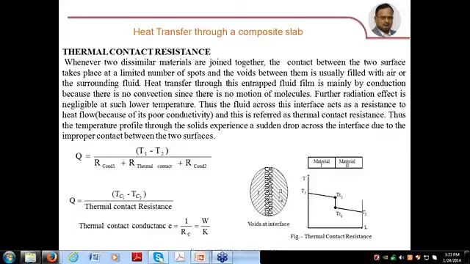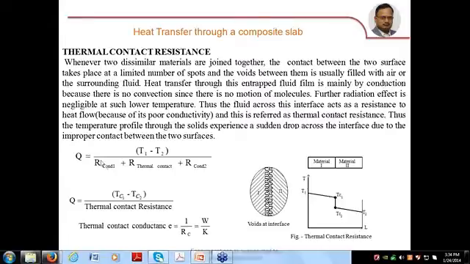In between these two you have another resistance, which is because of the air gap or the fluid which occupies the void spaces between the two surfaces. So hence there are three resistances. One is conduction resistance of material 1, and the second one is the thermal contact resistance, and the third one is conduction resistance offered by material 2.